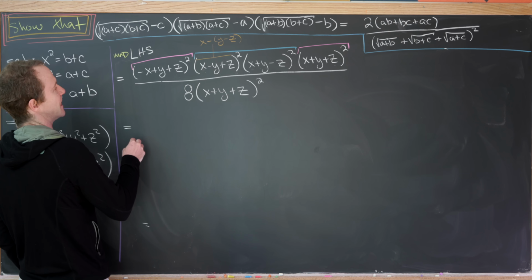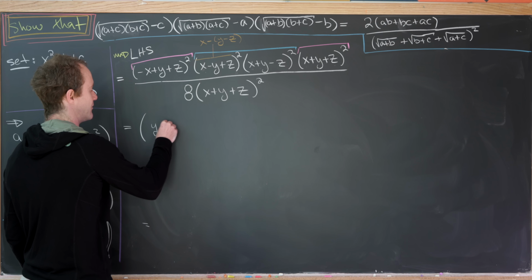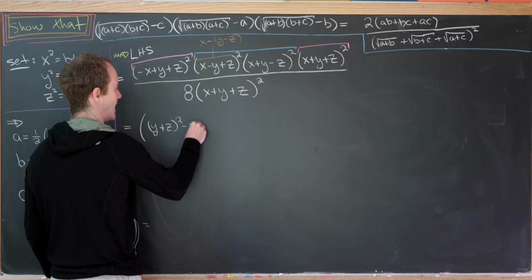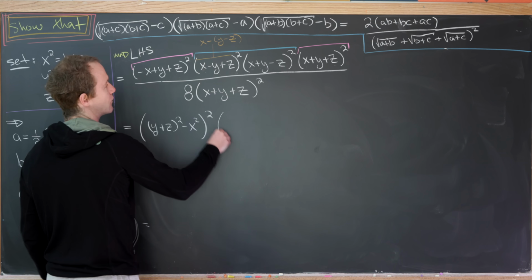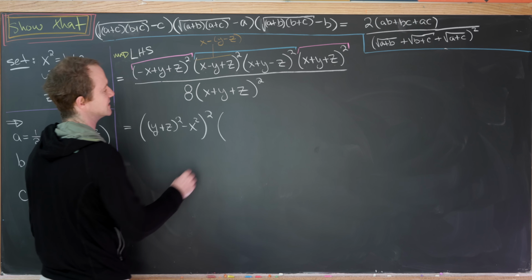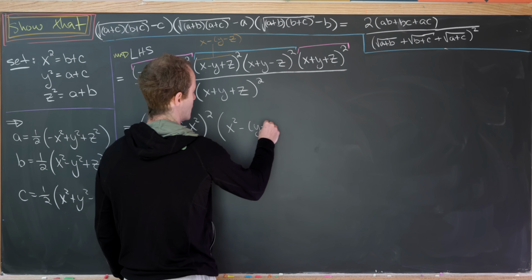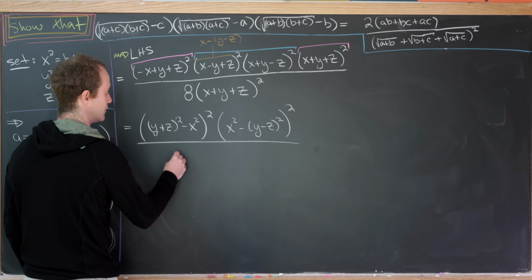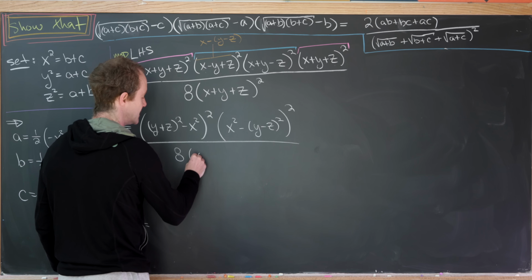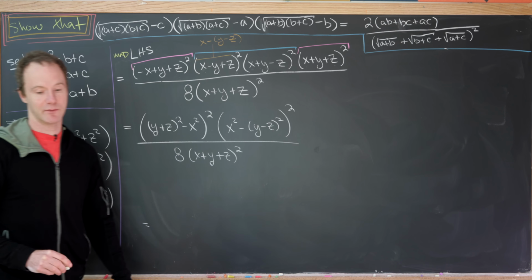So in the numerator, we will now have ((y plus z) squared minus x squared), and that whole thing is still squared. And then we'll also have, let's see what this is, it'll be (x squared minus (y minus z) squared). Again, that whole thing is still squared. And then we still have this 8 times (x plus y plus z) all squared in the denominator.